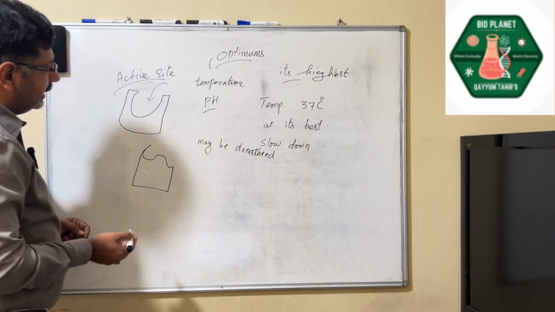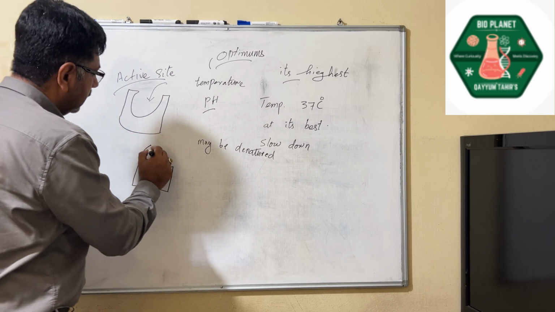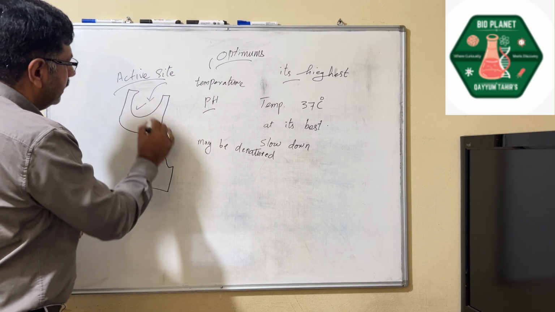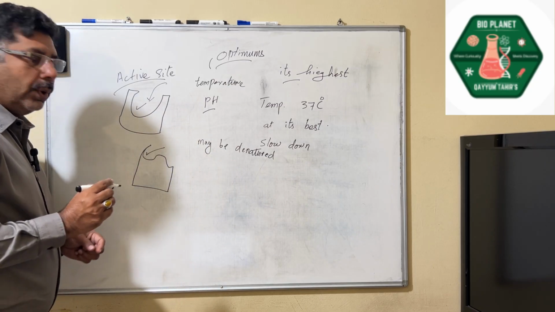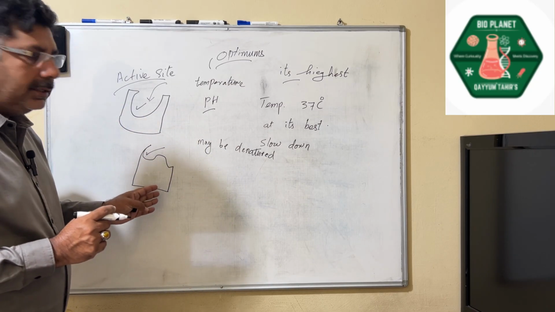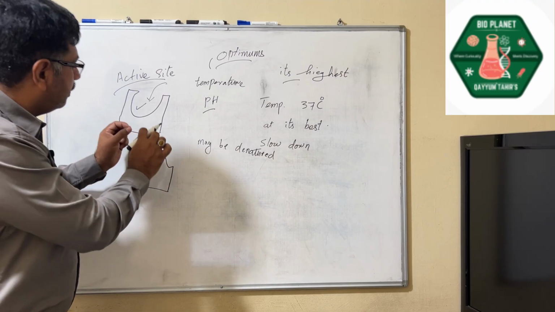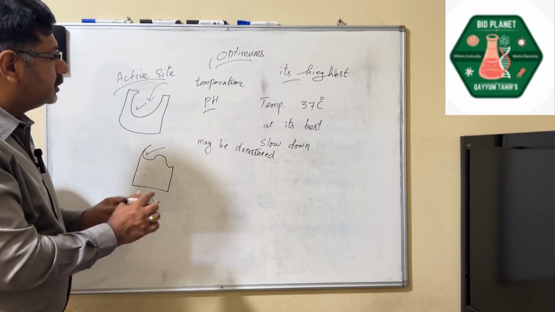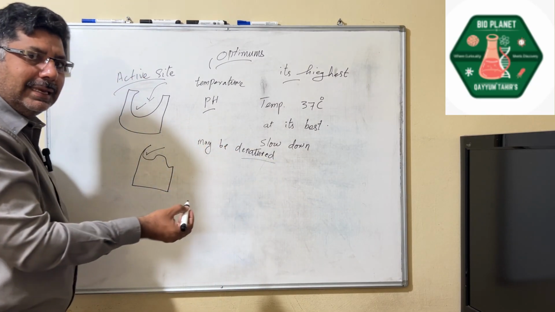If the shape is like this, the substrate may be of a different shape and it may not bind here. Once it does not bind here, what will happen? It will not be able to perform its function. So at higher temperature, it may denature.